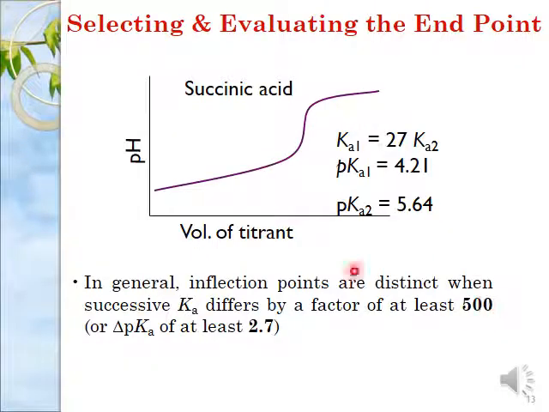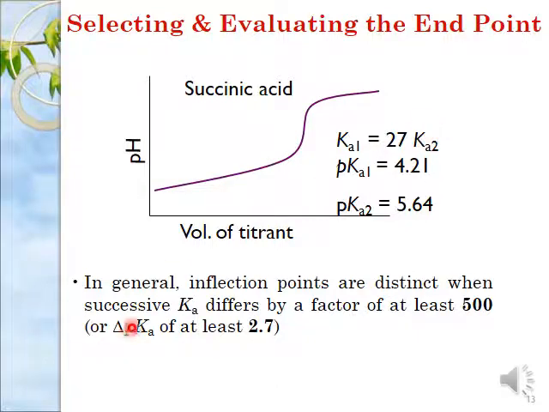Let us look at a third type of polyprotic acid, which is succinic acid. Succinic acid actually has more than one ionizable proton, but based on this curve, we can only see one inflection point, meaning pKa1 and pKa2 are too close. The Ka value for 1 is only 27 times larger than Ka2.